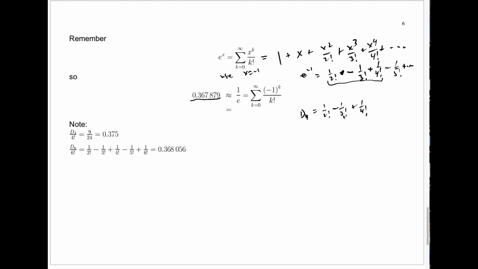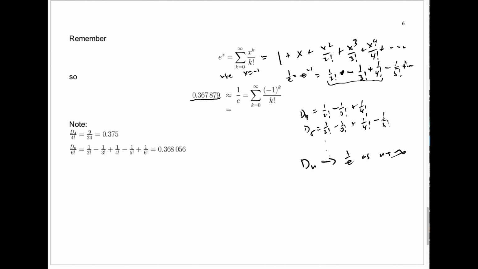That's a partial sum in the series for 1 over e. d5 is just a bigger partial sum: 1 over 2 factorial minus 1 over 3 factorial plus 1 over 4 factorial minus 1 over 5 factorial, etc. What this tells us is that d sub n will approach 1 over e as n goes to infinity, because you'll just be getting partial sums with more and more terms.